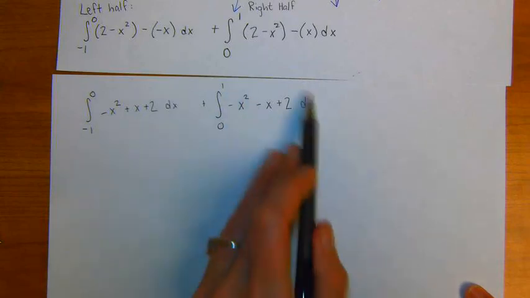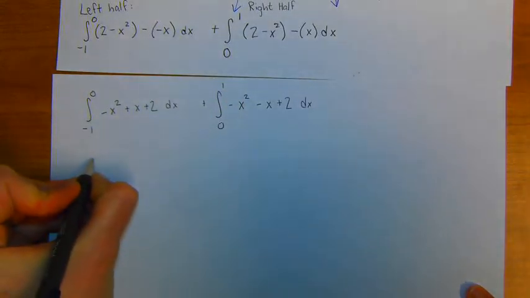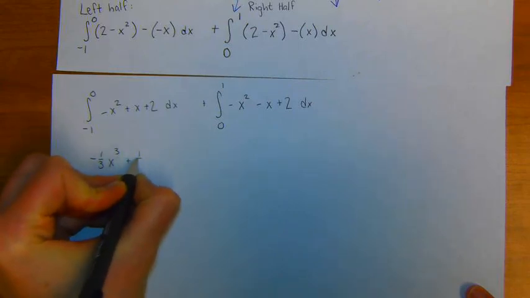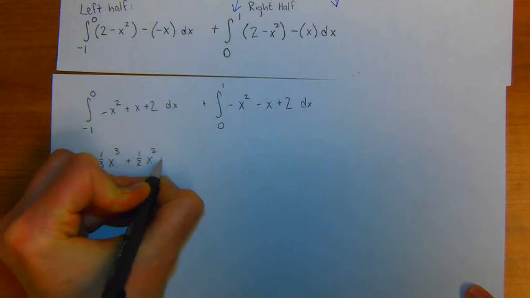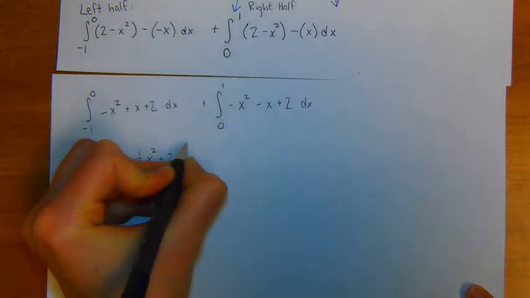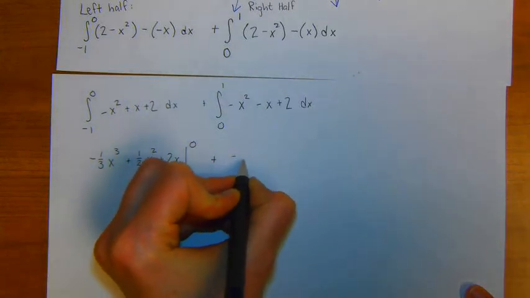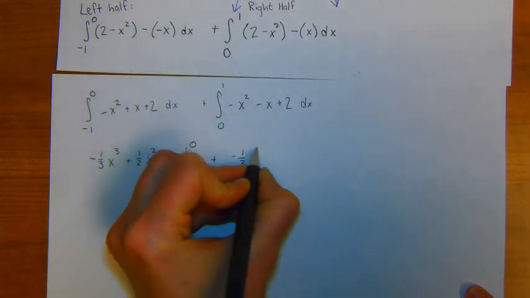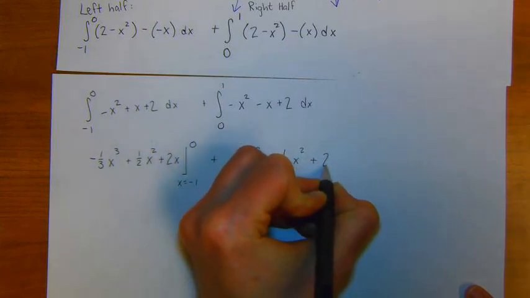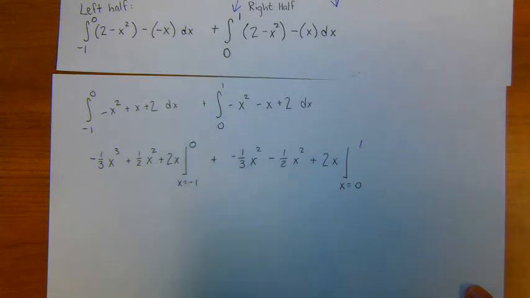We can evaluate each of these integrals individually using power rule, and we get -1/3 x cubed plus 1/2 x squared plus 2x evaluated from x equals -1 to 0, plus -1/3 x cubed minus 1/2 x squared plus 2x evaluated as x goes from 0 to 1.